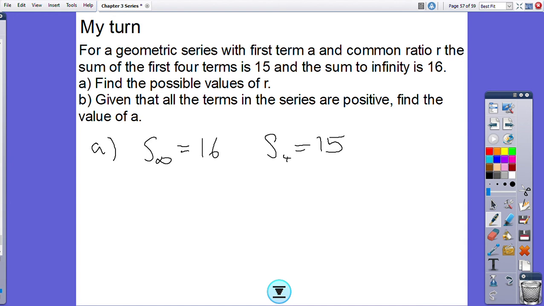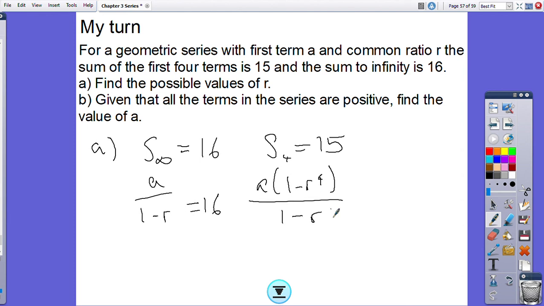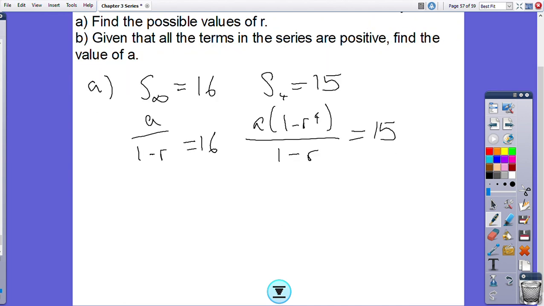So let's substitute in those values. For the sum to infinity equals 16, let's sub in a over 1 minus r equal to 16, and then we have a times 1 minus r to the 4 over 1 minus r equals 15.